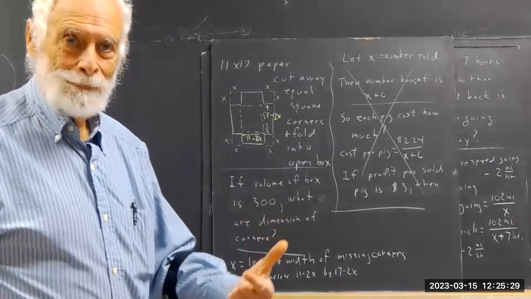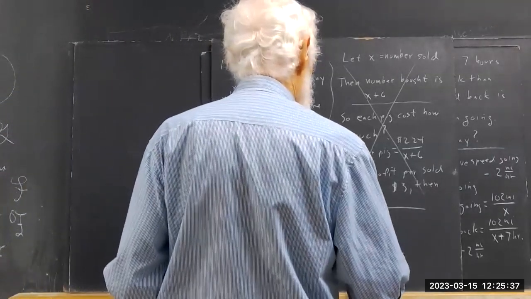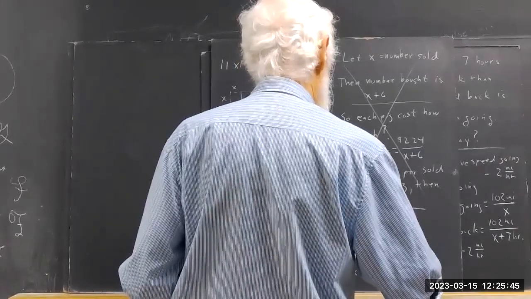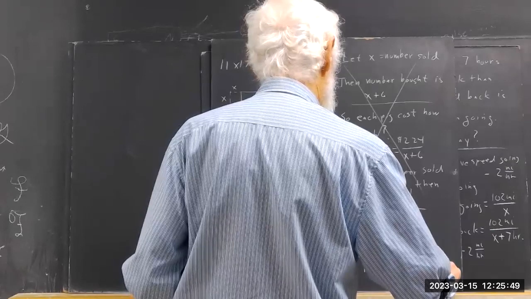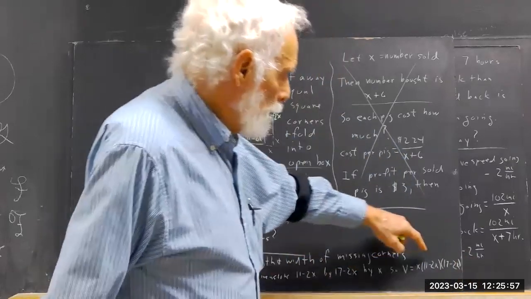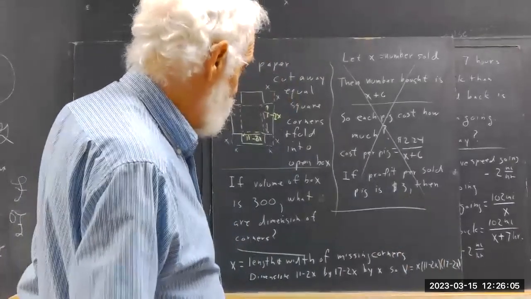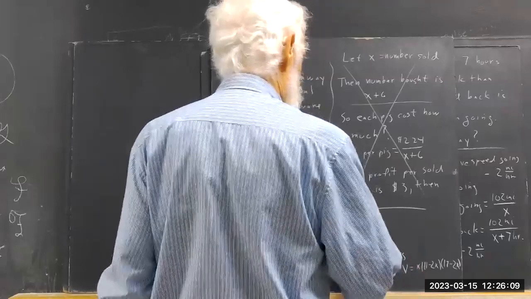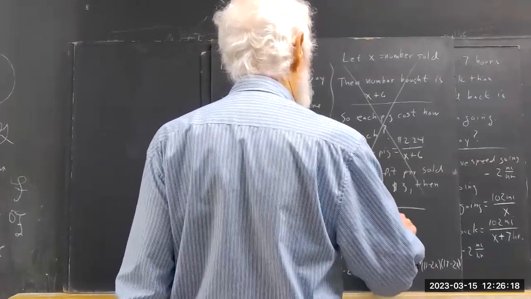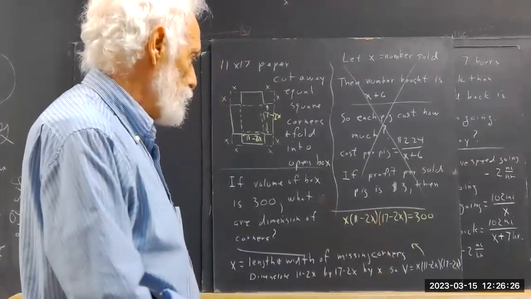So what's the volume? When you fold it up, the sides are going to have length X. So your volume would be X times 11 minus 2X times 17 minus 2X, and that tells us X times 11 minus 2X times 17 minus 2X equals 300.